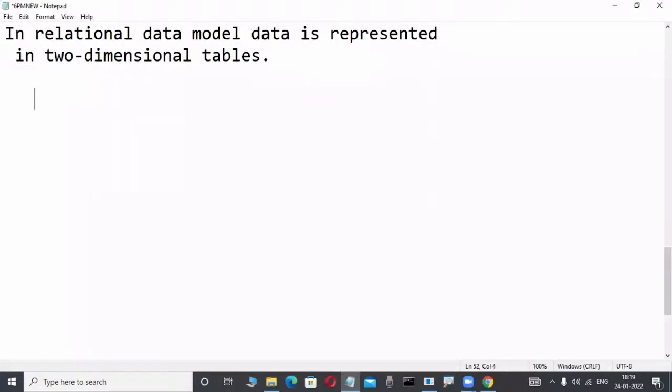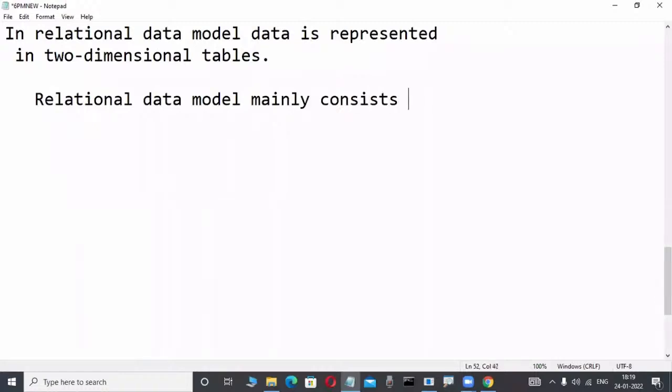Any relational data model product we observe mainly consists of three components. You must be familiar with these names before we start our courses. What is the first one?